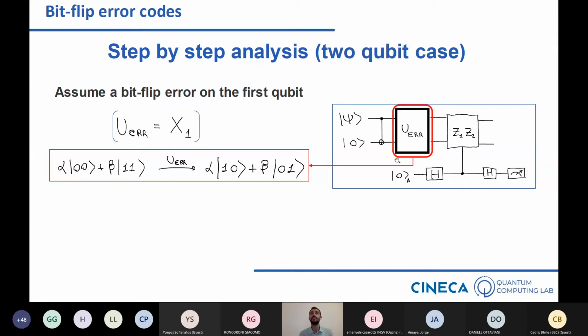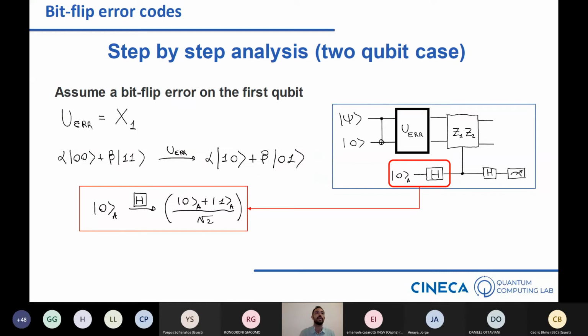After this noisy channel, you get this state here. And this is a problem for us, for example, if our quantum algorithm works only with the state 0, 0 plus 1, 1. So it is something that compromises our quantum algorithm, for example.